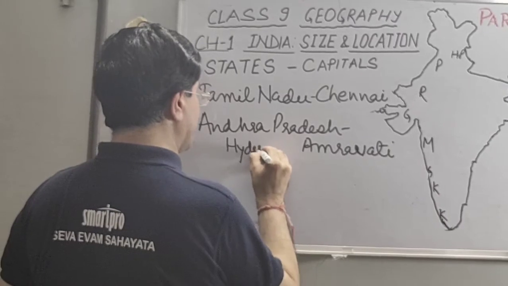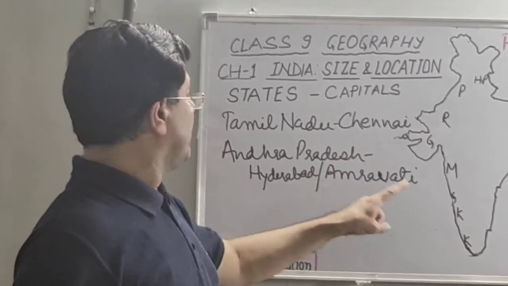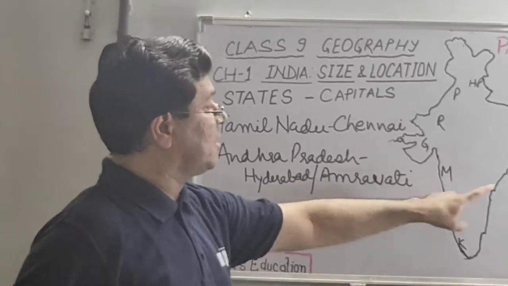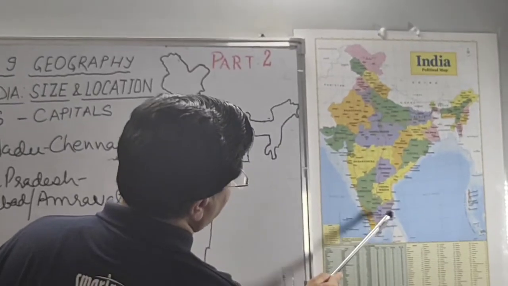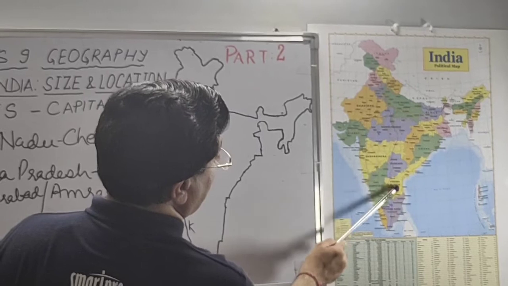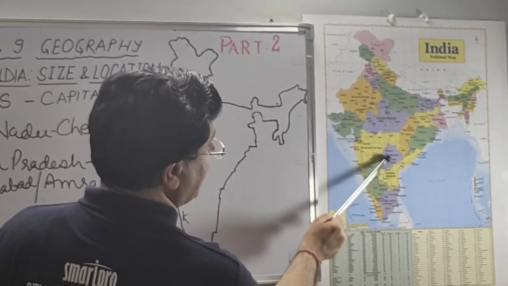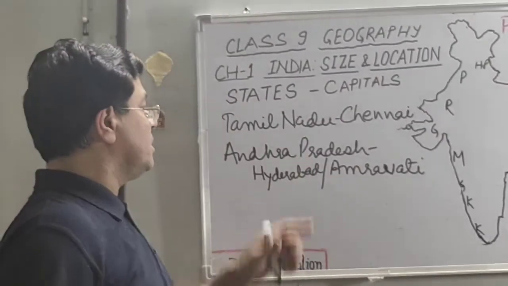Why? Because it was decided that for 10 years Hyderabad will be the common capital of Andhra Pradesh as well as Telangana. You can see the map of India, the location of Tamil Nadu, then Andhra Pradesh. From Andhra Pradesh, Telangana was carved out. Okay, so Hyderabad is the common capital, and now the proposed capital of Andhra Pradesh is Amravati.